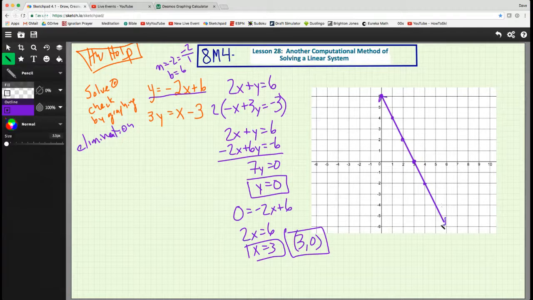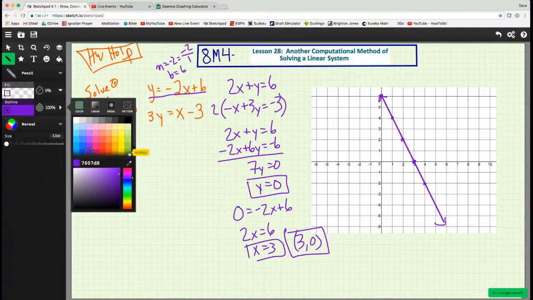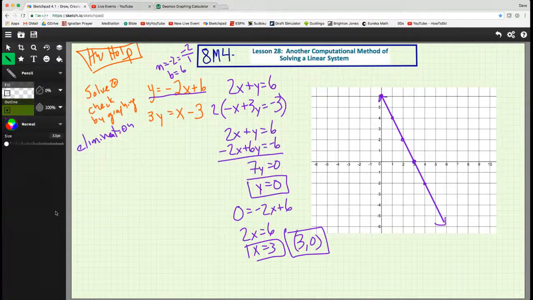Now we've got to do our other equation, and we'll do that one in green. 3y equals x minus 3. This isn't in graphing format because there's a coefficient in front of our y. We need it in y equals mx plus b format, which we know how to do. So let's divide everything by 3, and now we have y equals 1/3 x minus 1.